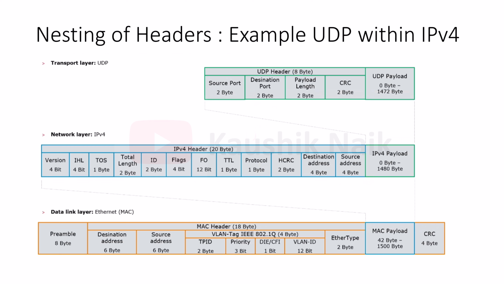Similarly, the IPv4 header and the IPv4 payload, which has the UDP frame within, will be embedded as part of the MAC payload. This way, the complete Ethernet frame contains nested frames from all the above OSI layers.